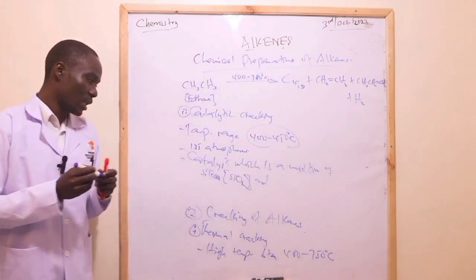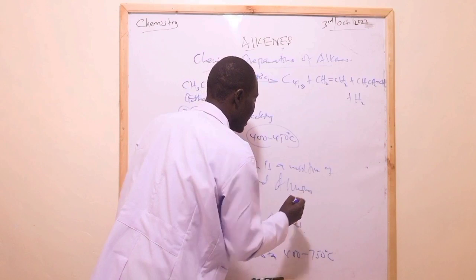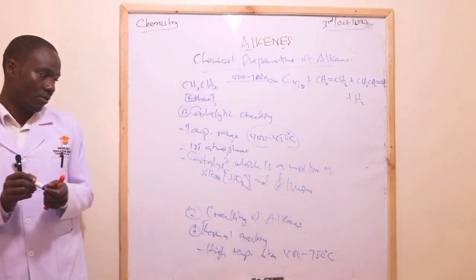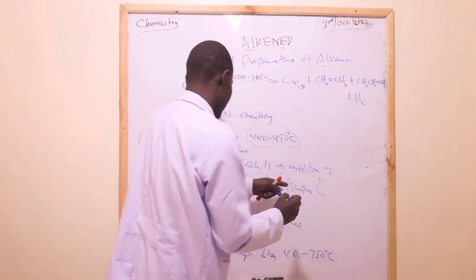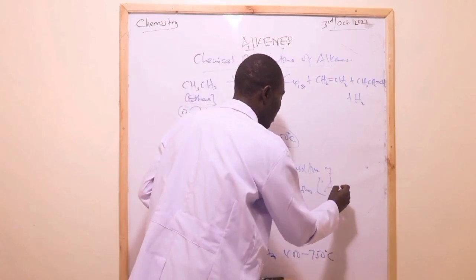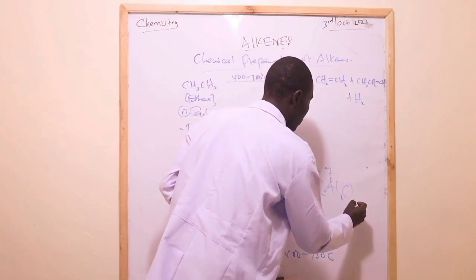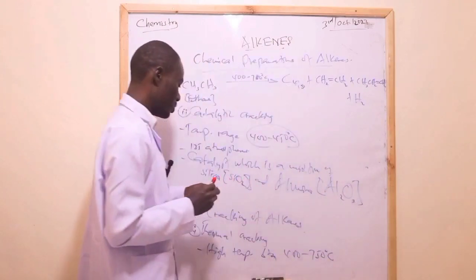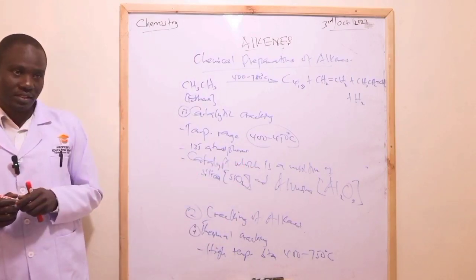And of course, alumina. Alumina is just an oxide of aluminium, chemically written this way. In bracket, the chemical formula is Al2O3. This is the alumina. So a mixture of this is normally what is used as a catalyst.